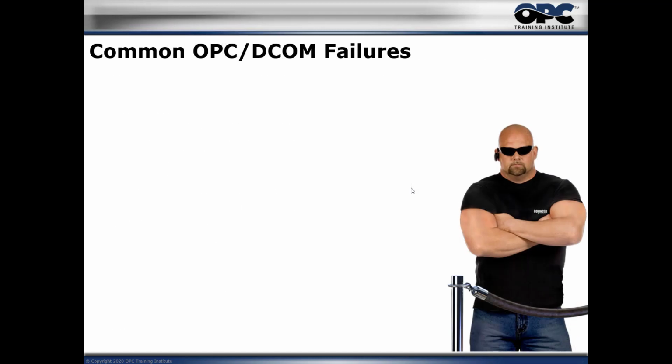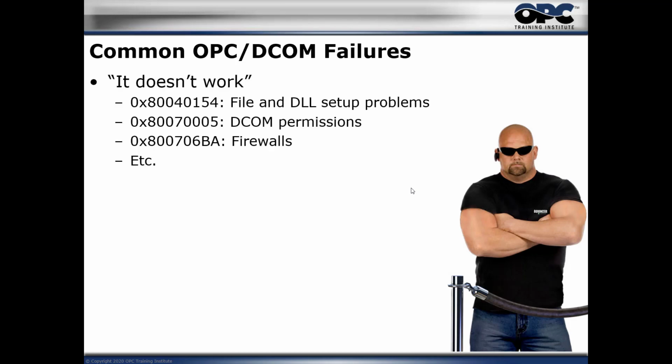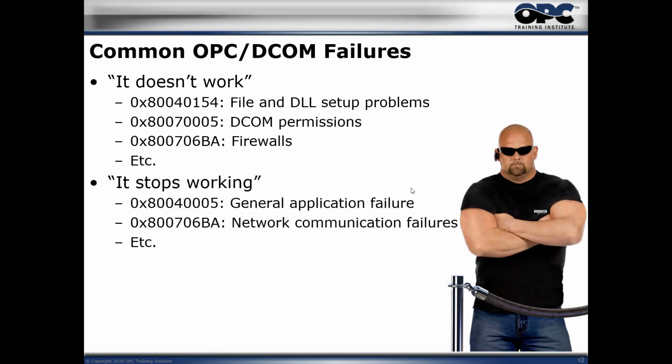Now, what are the DCOM failures? Well, we see two different kinds of DCOM failures. The first is it doesn't work. It doesn't work in the first place. I can't get it to work. The second is that it works and then it stops. So when it comes to the it doesn't work category, we see errors like this, 0x80040154, or any of these errors.